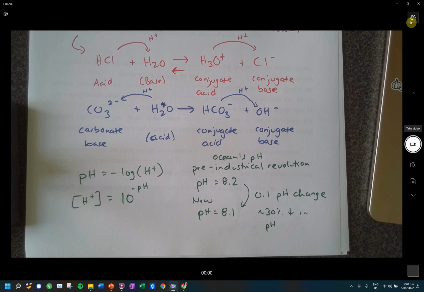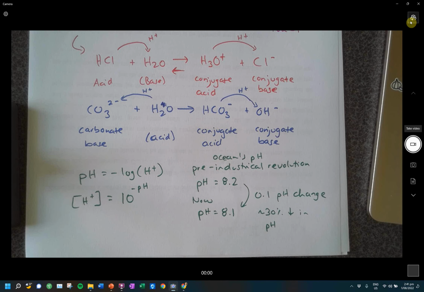What is concerning is that over the next century, if we continue with the trends we are experiencing at the moment, we should expect the pH to drop to possibly 7.8 to 7.7 in about a century's time. So that's a change of 0.3 to 0.4. Again, it doesn't seem like a whole lot, but it is a logarithmic scale, so that is quite dramatic.